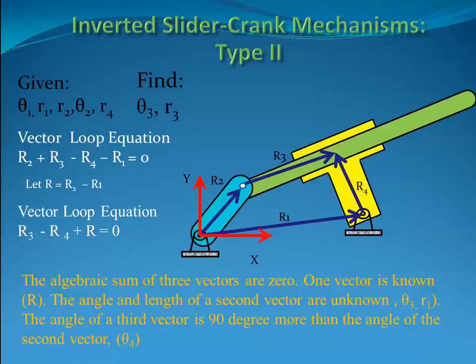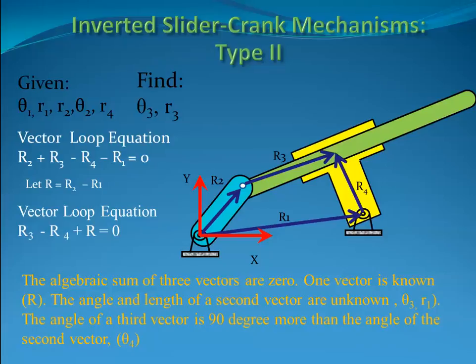In the simplified vector equation, R is completely known. That is, we can compute its length and angle based on the data that are given. The length of the vector R3 is unknown.